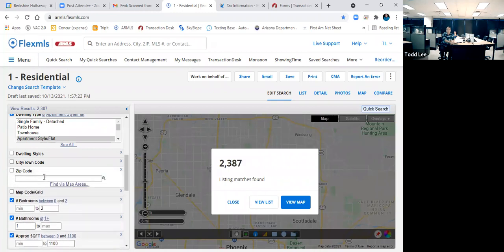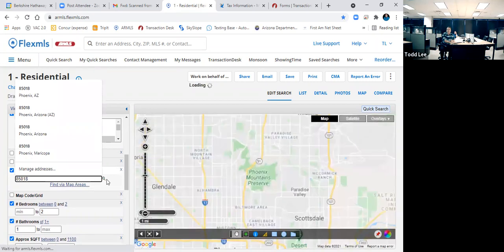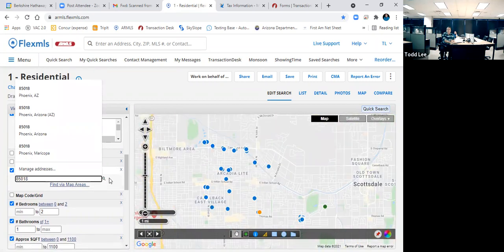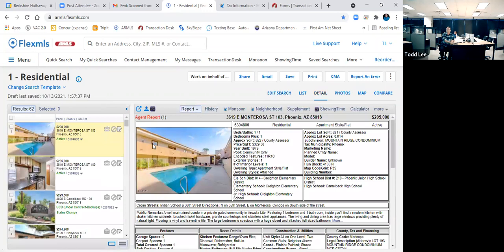And I'm going to do zip code 85018, and I want to see what we've got out there. 205.